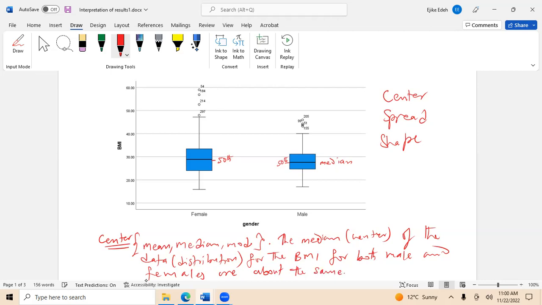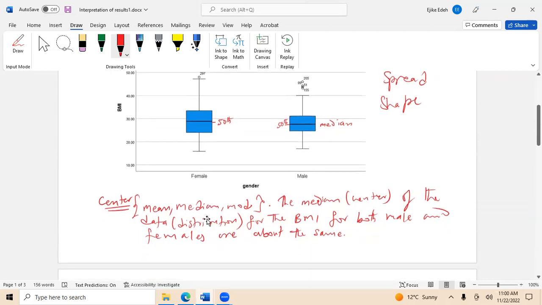Right? And in graphical interpretation, people, it is subjective. Some people could say, hey, if you look at this, the female is slightly bigger than the males. Just slightly, but you could, of course, say they are the same, or just very slightly, females are bigger. It's quite subjective, okay?